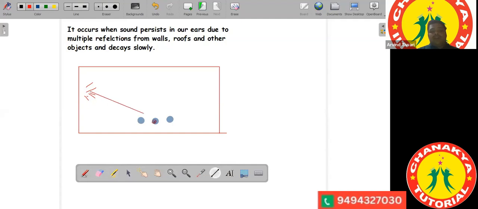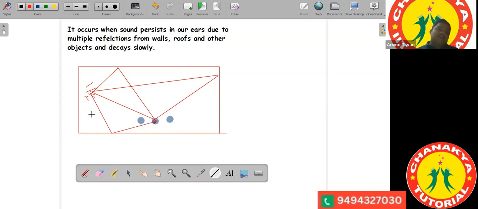The person will hear a direct sound coming from the source. The person will hear a sound which goes to the surface and reflects back. The same person will hear a sound that goes to the opposite wall and reflects back to him. The same person will hear a sound wave falling on the ground and reflecting back to him, right?